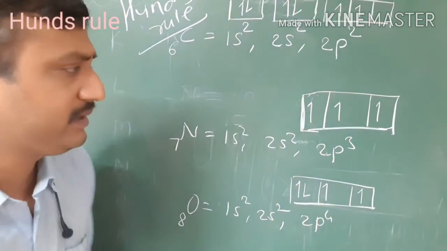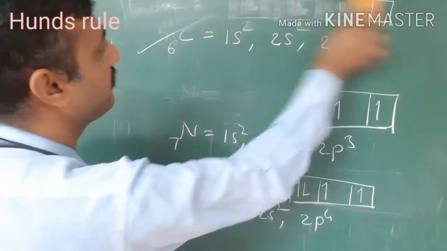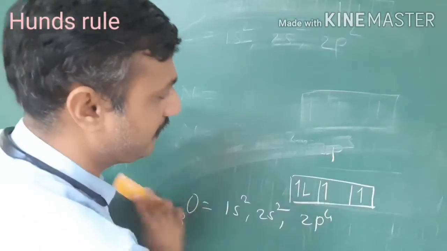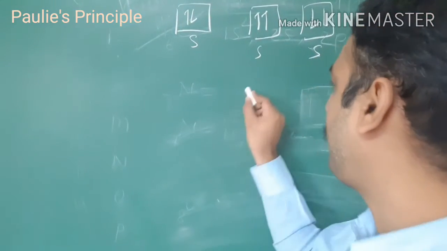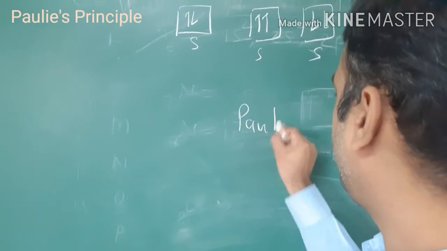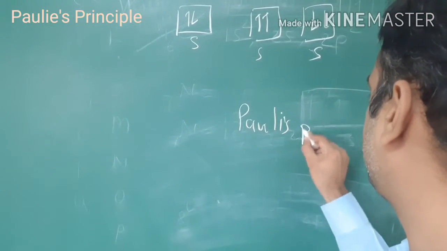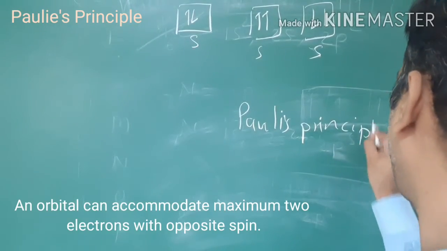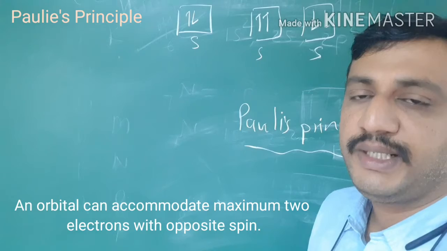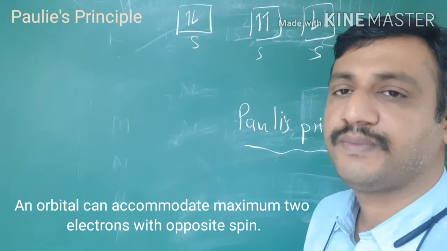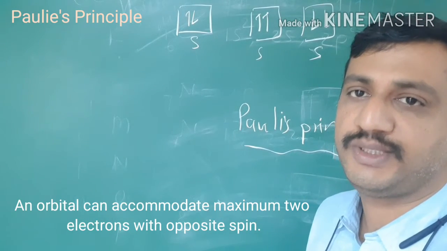And the last one is Pauli's principle. What I discussed earlier was the Aufbau principle. Then the next one is Pauli's principle, also known as Pauli's exclusion principle. Pauli's principle states that each orbital can accommodate a maximum of 2 electrons with opposite spin.